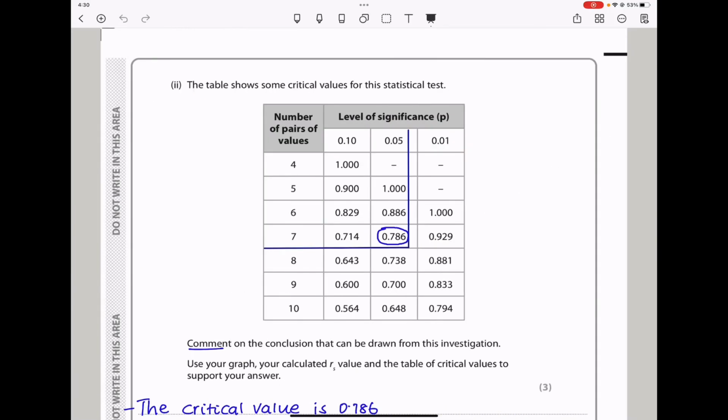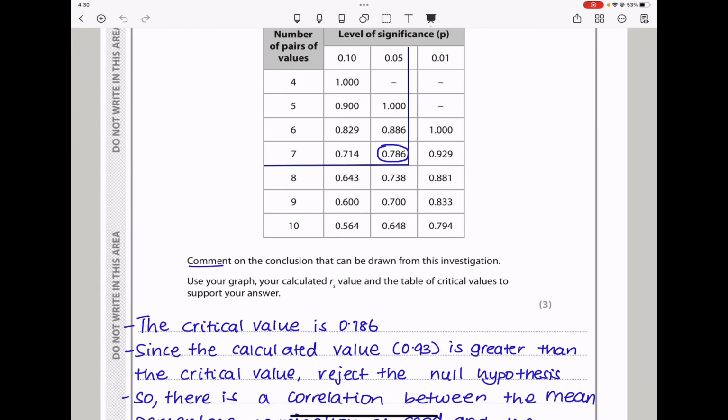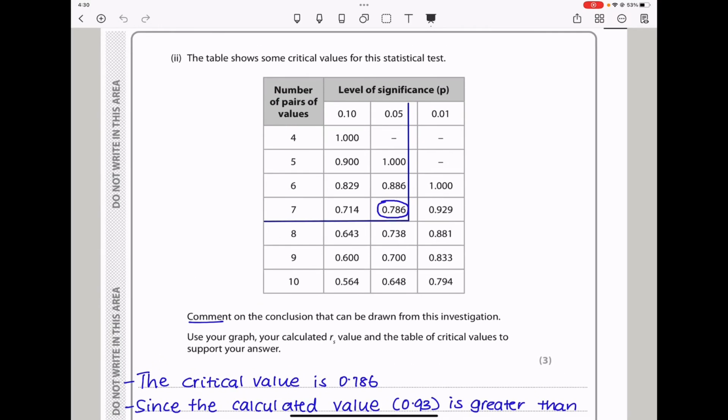Next, they say the table shows some critical values for this statistical test. So they say comment on the conclusions that can be drawn from this investigation. Use your graph, your calculated RS value, and the table of critical values to support your answer. So remember, the critical values we use in biology is the one at p is equal to 0.05.